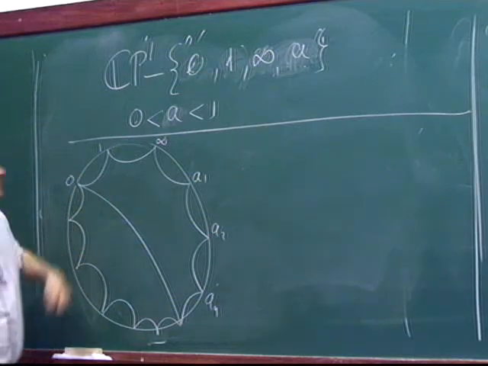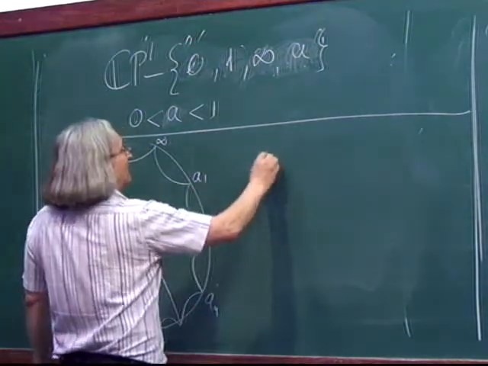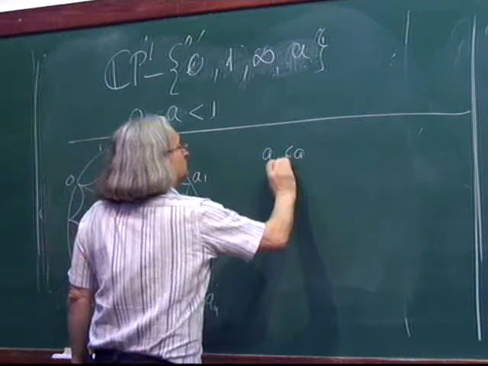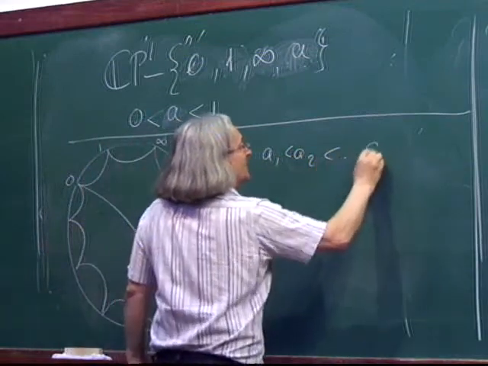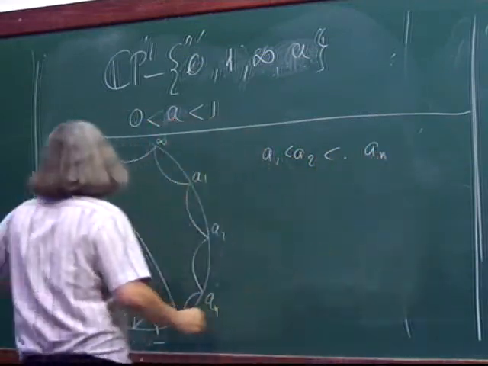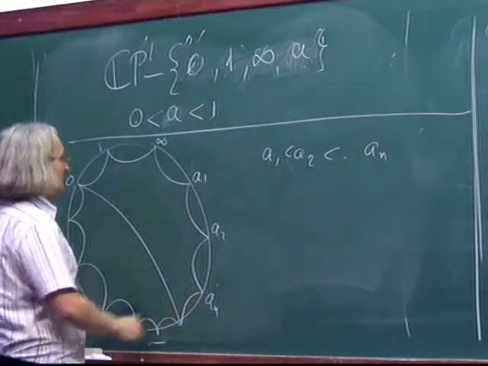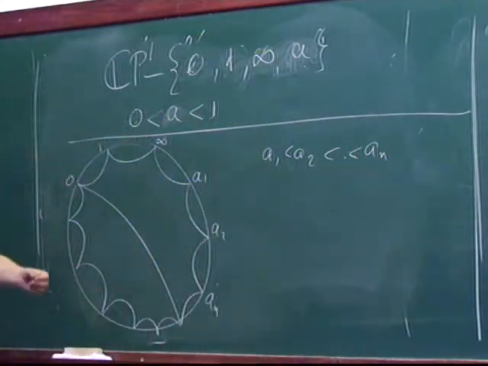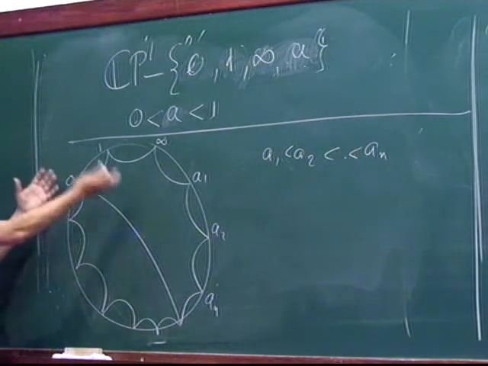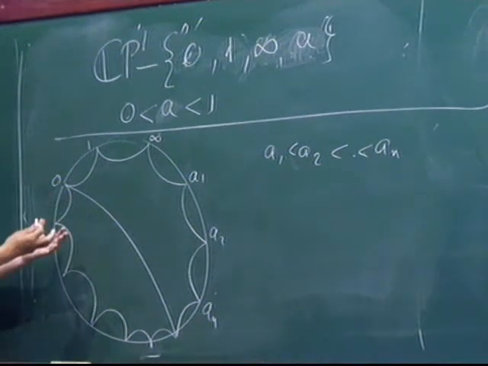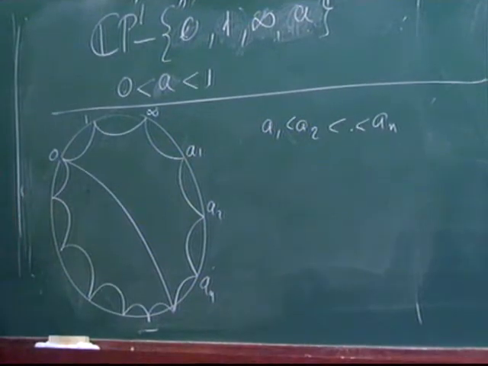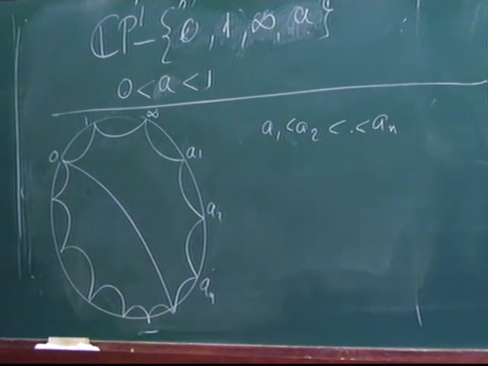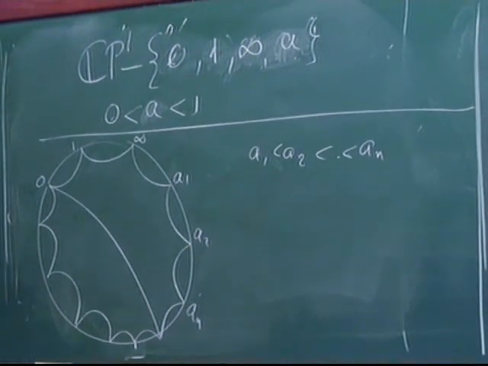For each choice of real numbers A1 less than A2 less than AN, maybe it's the wrong order, you have a polygon, you identify it, you get a sphere minus a certain number of points on the same line.